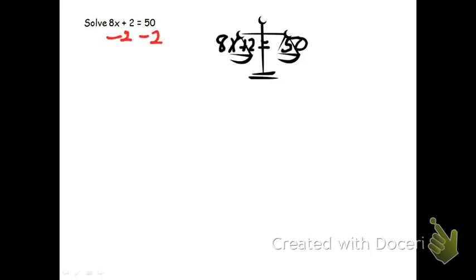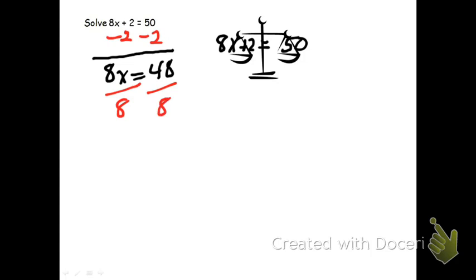When I do that, our resulting equation has 8x is equal to 48. Second step then is to divide both sides by 8. When we do that, the 8's cancel out, so we have our x, and 48 divided by 8 is 6. So we have the equation solved for x.